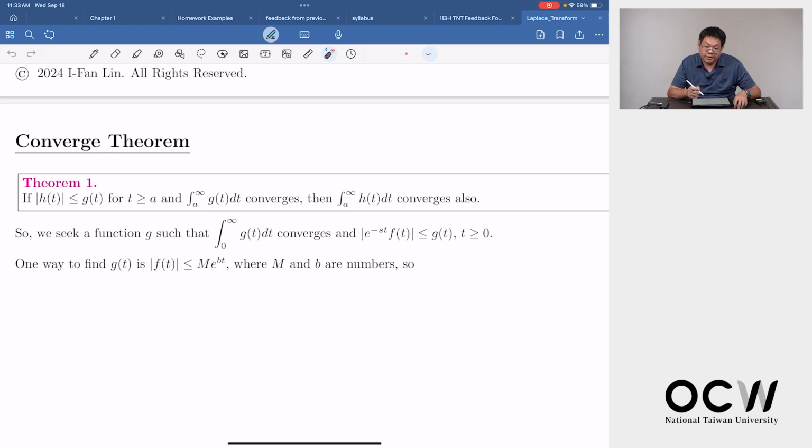Suppose my function f, the absolute value of this function, is less than a constant M times the exponential e to the bt.